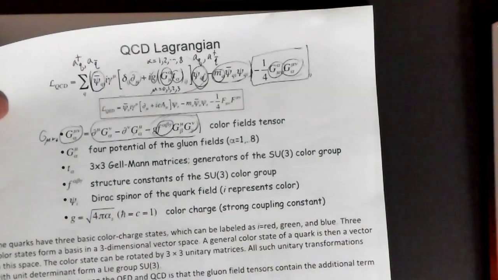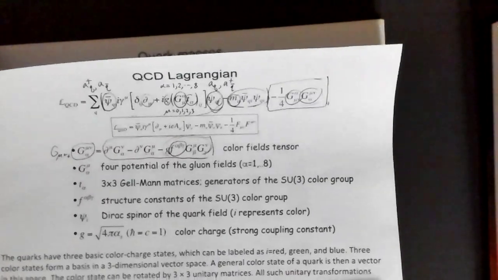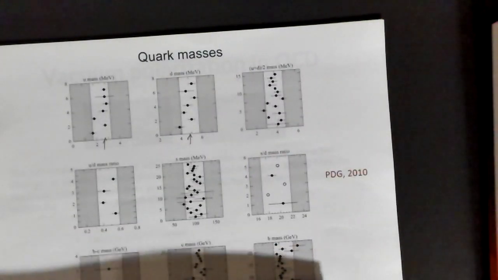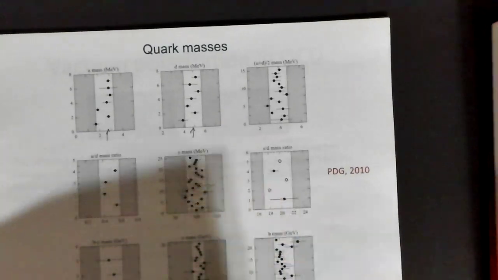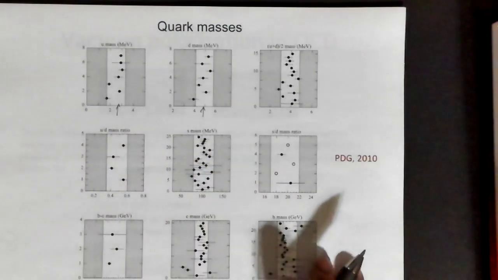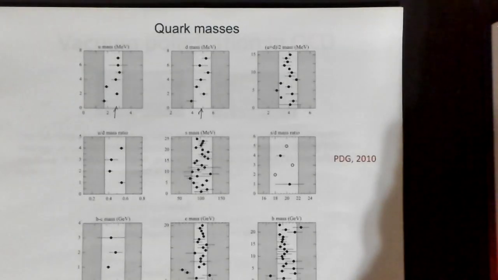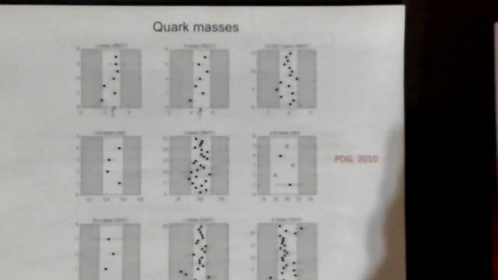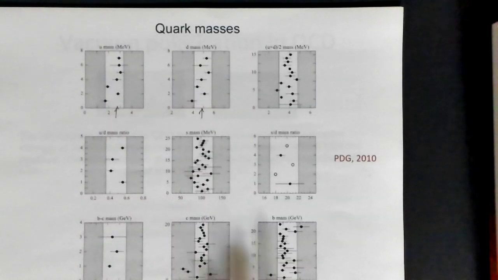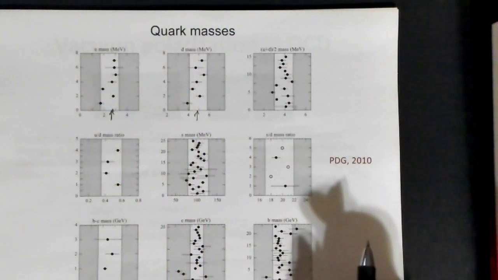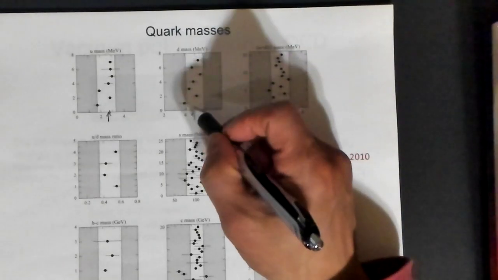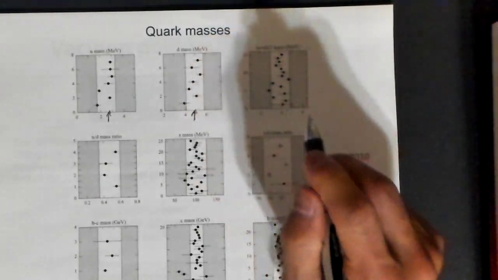We'll come back to exactly what is the difference in a moment, but let's just talk about the quarks themselves. So we have 6 types of quarks, 3 generations, and so here are the quark masses. The up quark has a mass of about 3 mega electron volts, okay, and the down quark has a mass of about 5 mega electron volts.